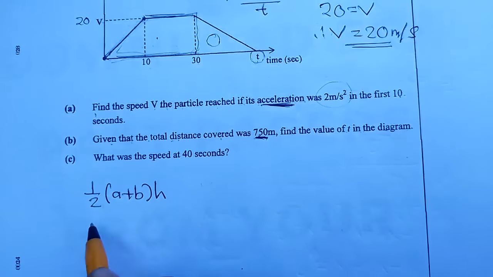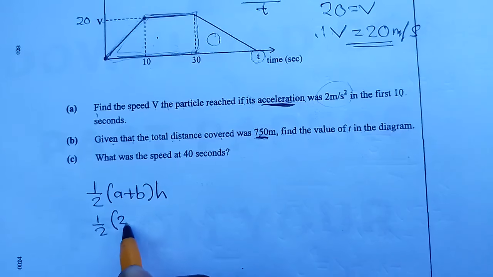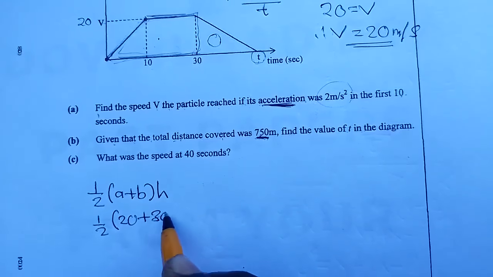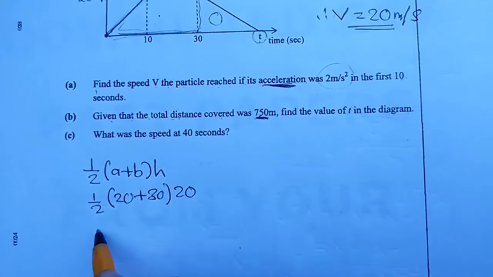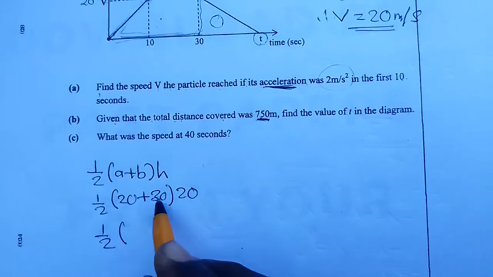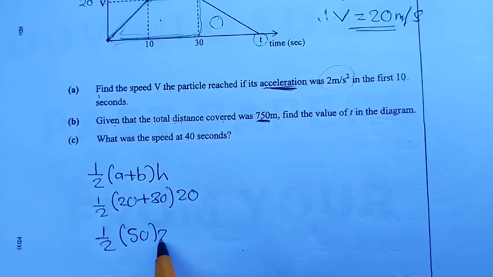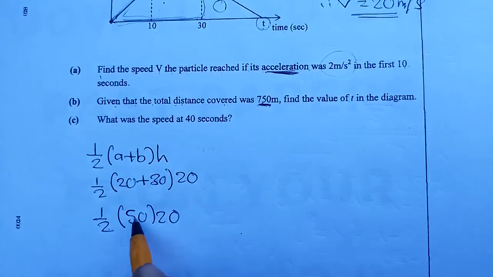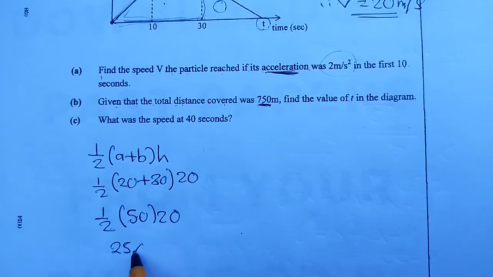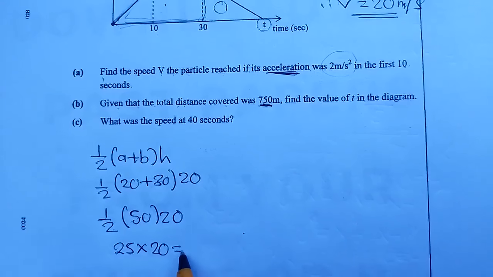So half, then 20 plus b, which is 30. Height is 20. So this is half, then 50, then we've got 20 there. Half of 50 is 25. 25 times 20.